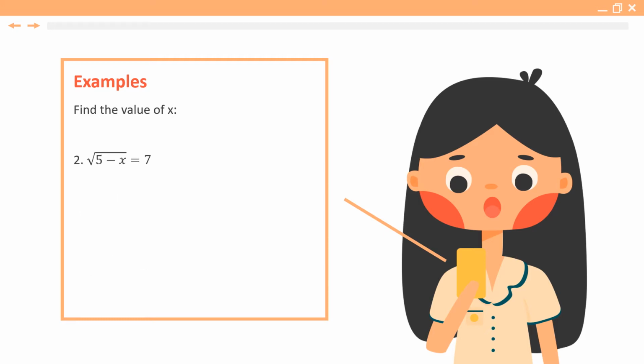Next one, we have square root of 5 minus x is equal to 7. We will do the same procedure, which is putting an exponent of 2.